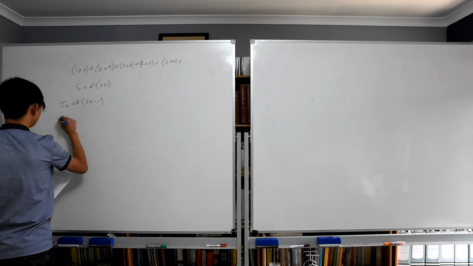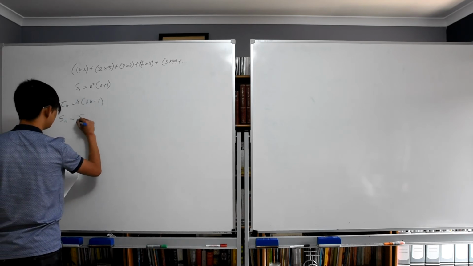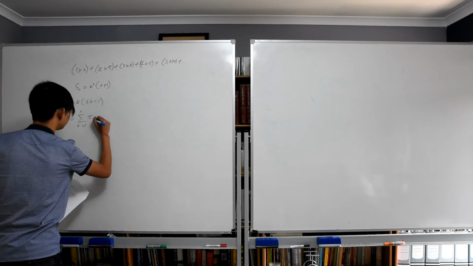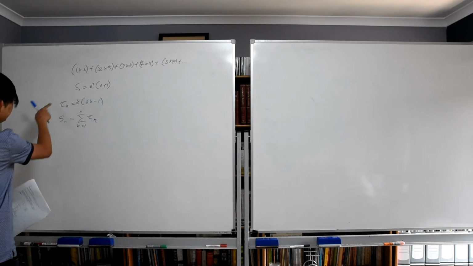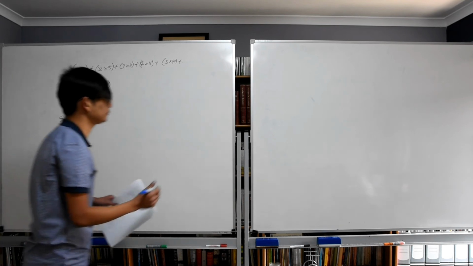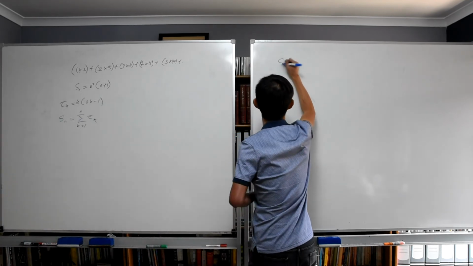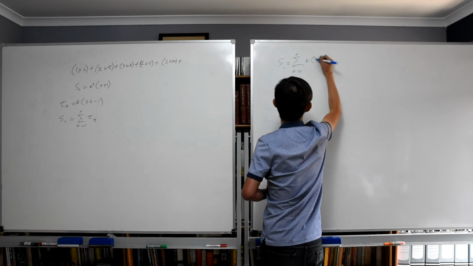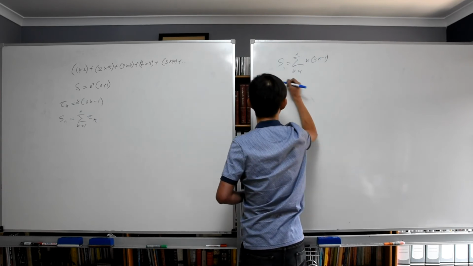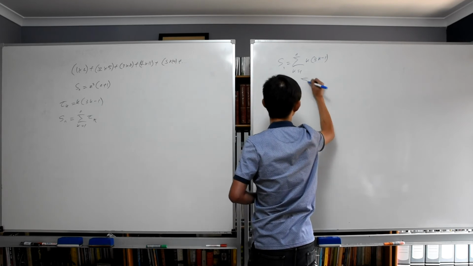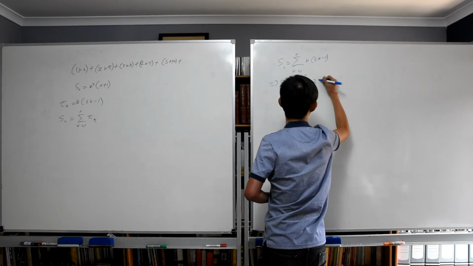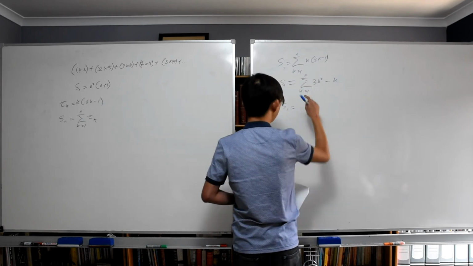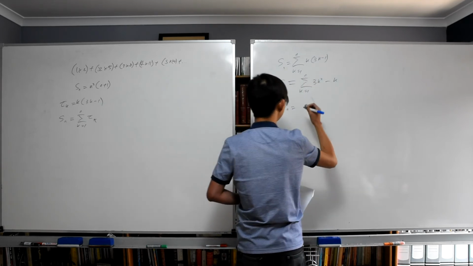And we know that the summation of n terms is given by summation k equal to 1. Let's put tk into here. But we know that the summation operator is distributive.